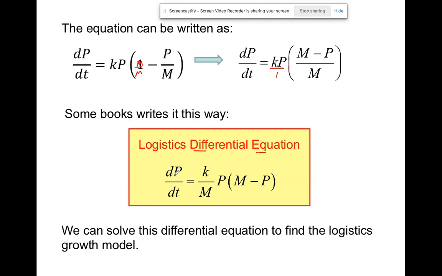And just like the exponential differential equation, this logistic differential equation can be solved for P so that you have an equation that predicts population based on time, given that there is a logistic growth model. So I'm going to solve this logistic equation, and remember what you want to do is avoid this math.